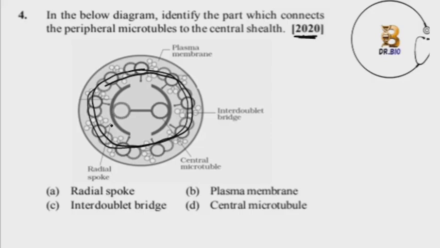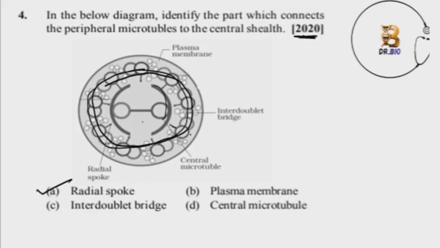They will be connected with the help of the radial spoke to the central part. So by observing these structures itself, we can suggest that these peripheral microtubules will be connected to the central sheath with the help of the radial spoke. That is why option A is the right answer.